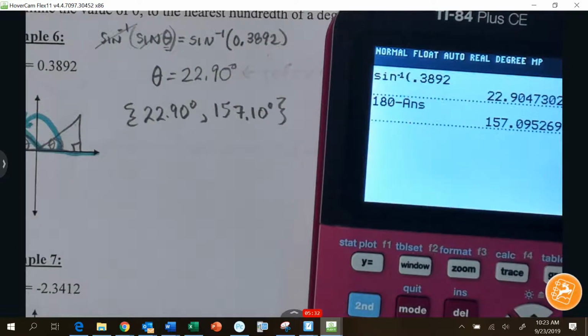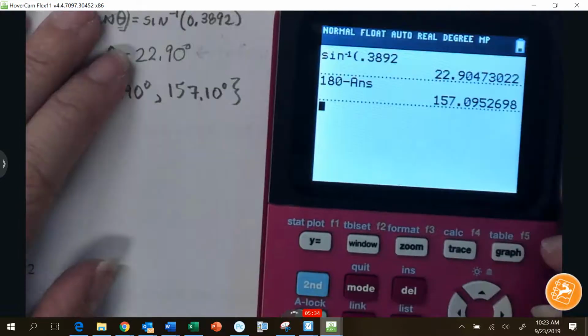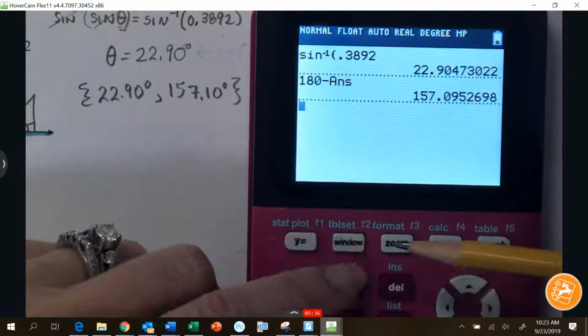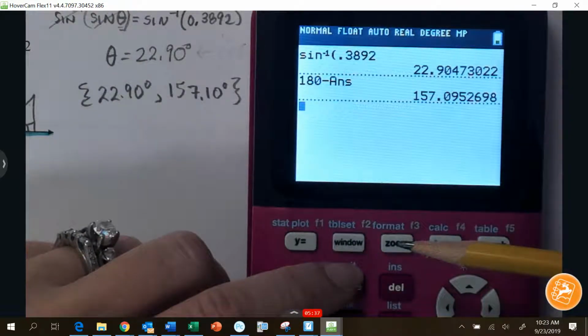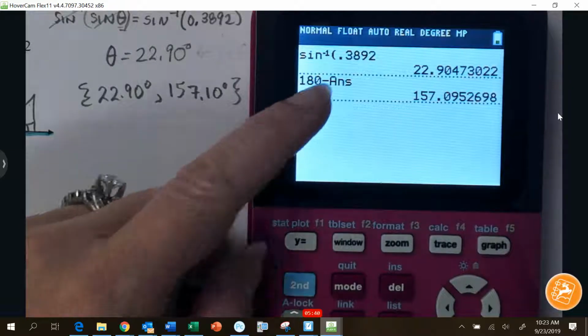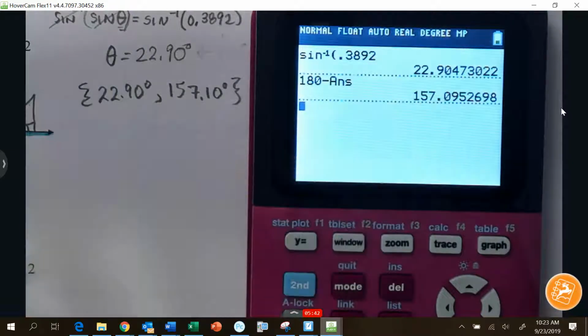Now I have two choices. I could change my mode to radian and do the same work, or convert my answers to radians. Either would be fine. If I were going to use my calculator to convert, I want to do the least amount of work possible.